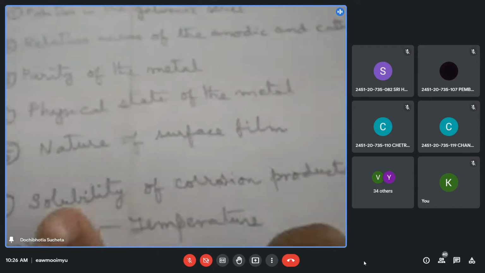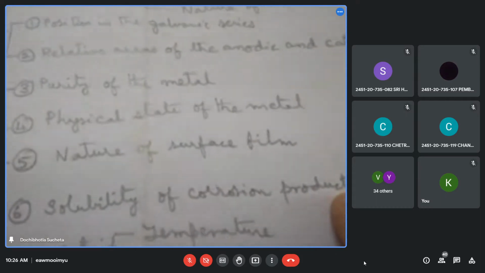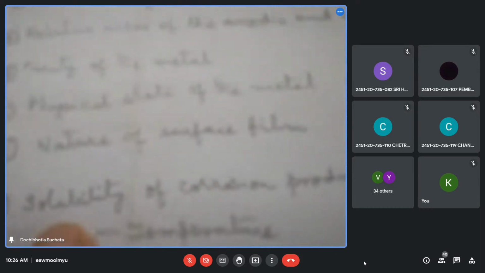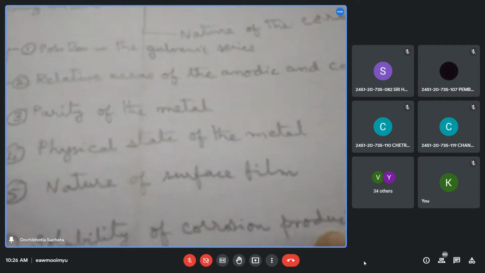The sixth one is solubility of corrosion products.